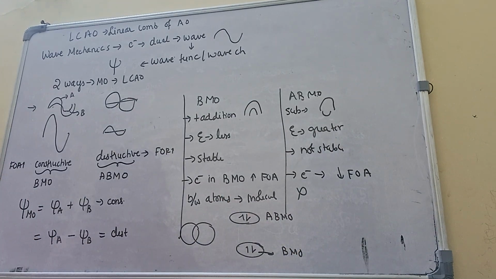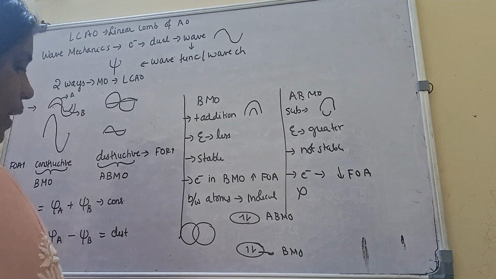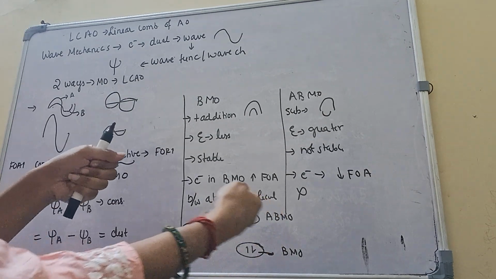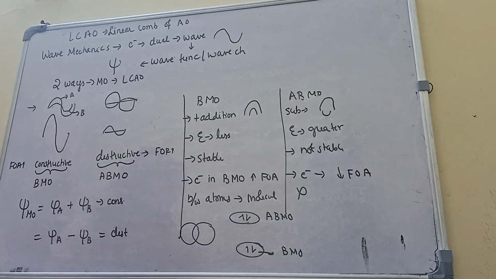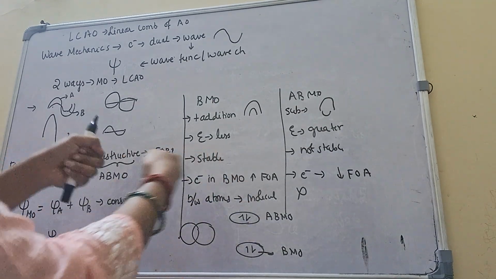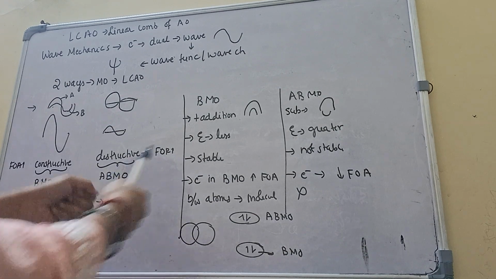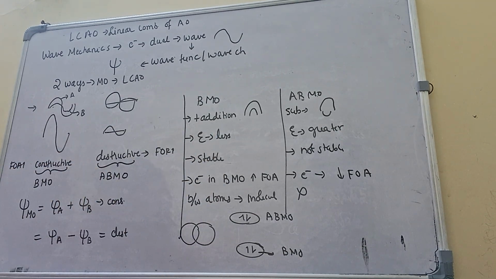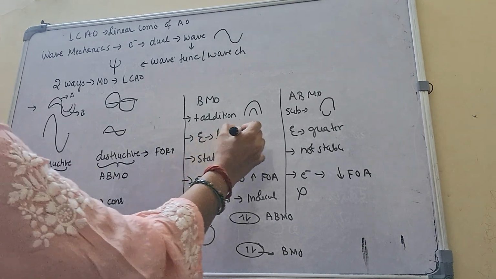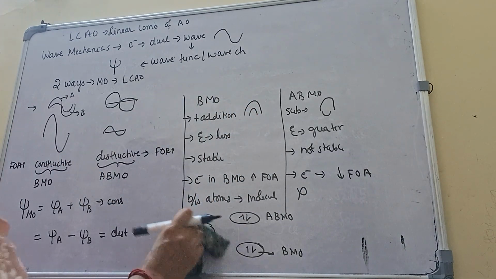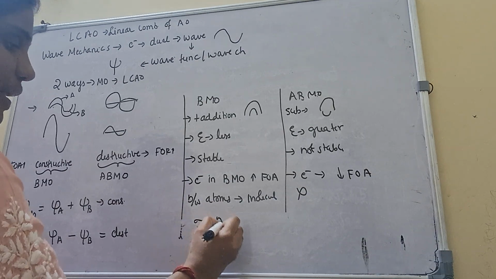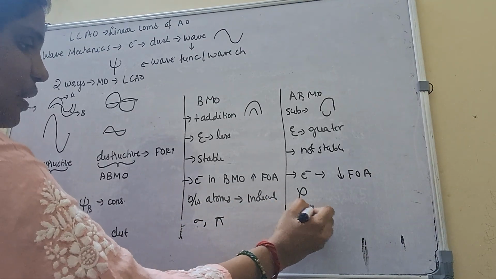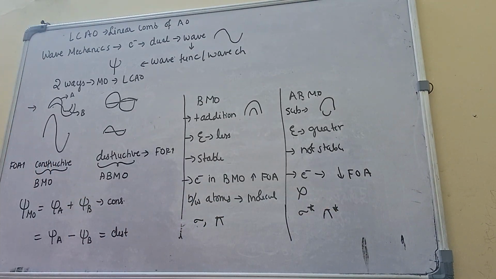Each orbital holds a maximum of two electrons. These electrons will help bring the two atoms together and form a molecule, whereas electrons present in the anti-bonding molecular orbital will make sure they go apart. And just like you have sigma and pi bonds, you have sigma and pi molecular orbitals. We write it like this, and here you write a star. The asterisk represents the anti-bonding.